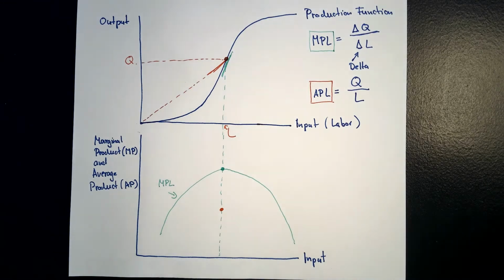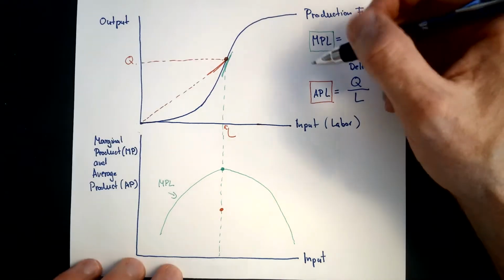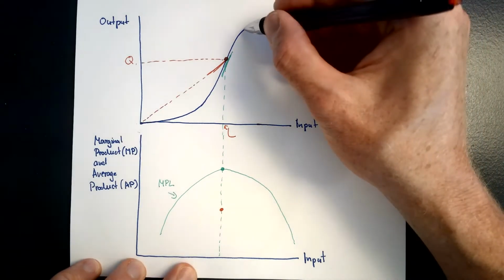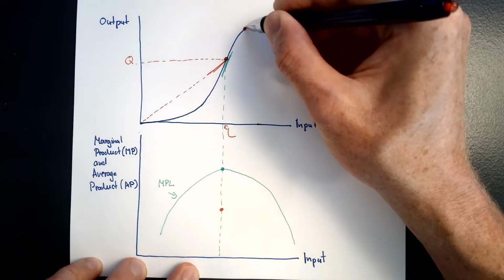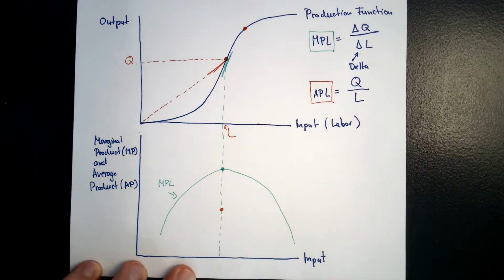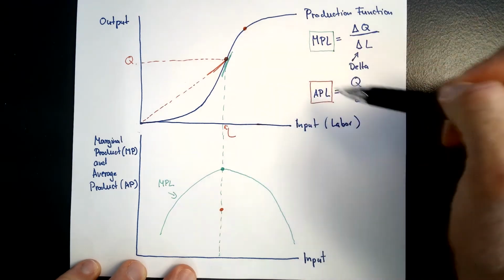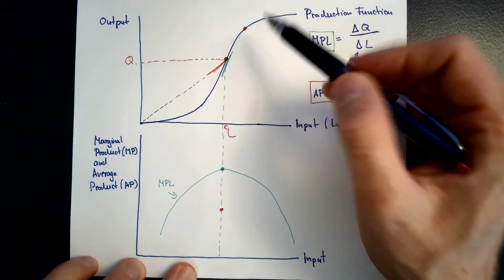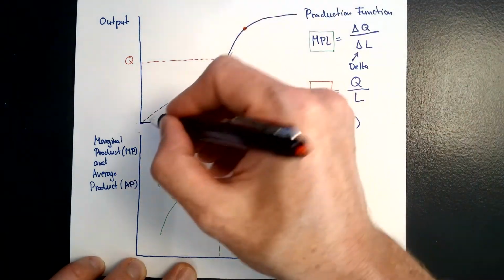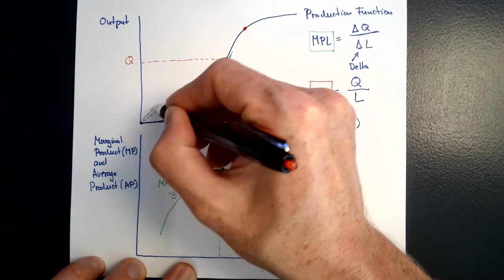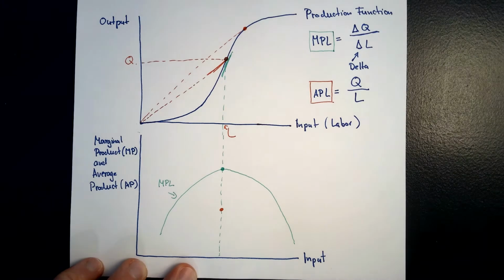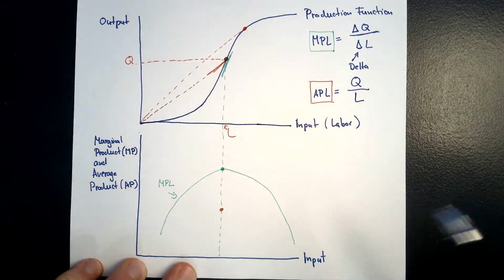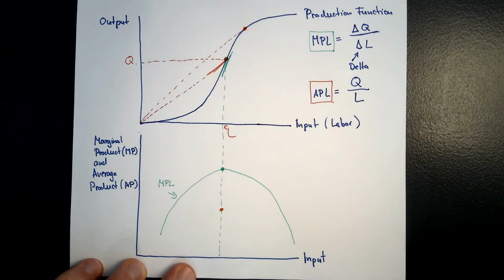Now, let us look at a different point. Specifically, let us look at this point here. Okay? Now, in order to determine the average product of labor at this point, we have to connect this point to the origin, like this. And then the slope of this connecting line represents the average product of labor.